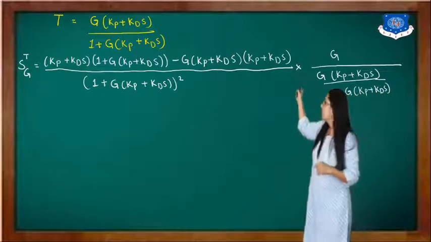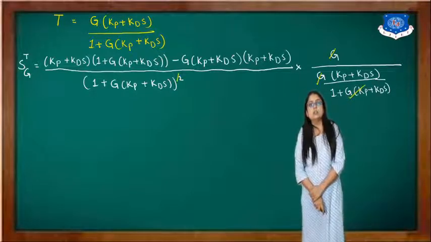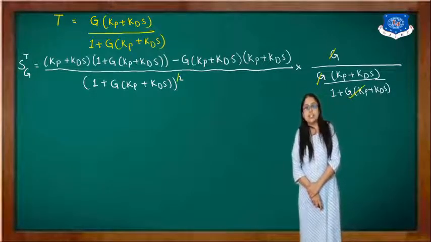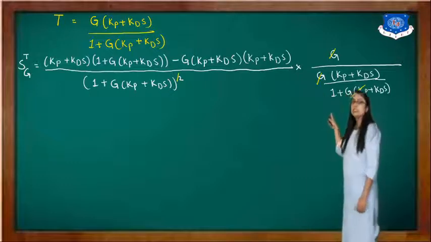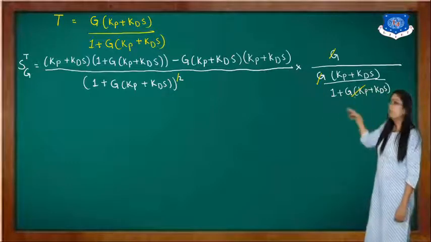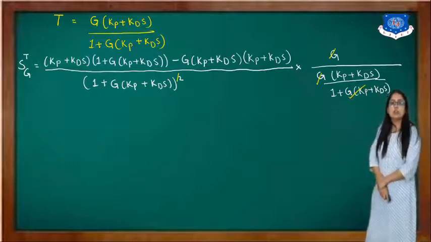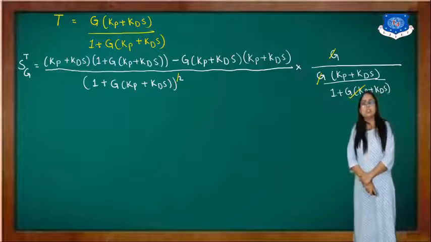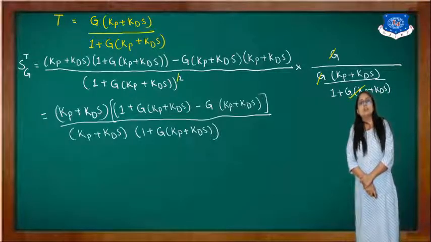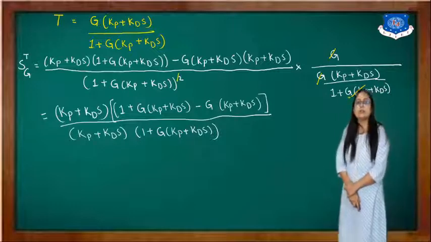Now just solve the above equation. So this G and G are cancelled, and here also this term is cancelled. Also we have the denominator 1 plus G times Kp plus Kds whole square. So what we get is the remaining term like this.